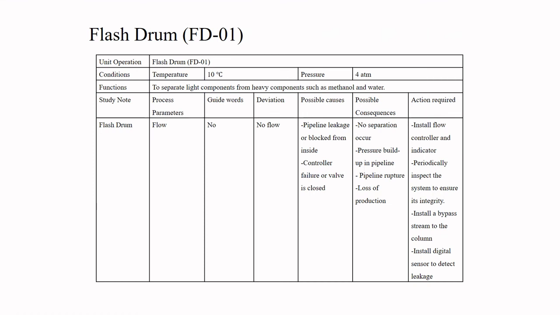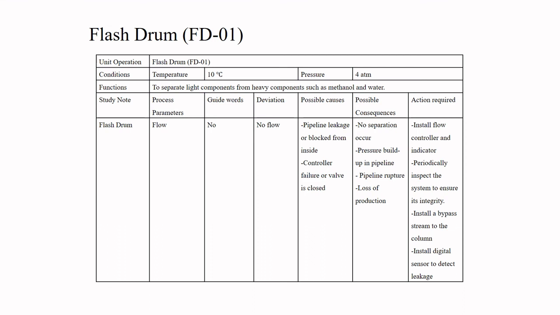Okay, now we move on to the flash drum. The process parameter for the flash drum is flow. If there is no flow, the possible causes are pipeline leakage or blockage from inside, controller failure, or valve is closed.